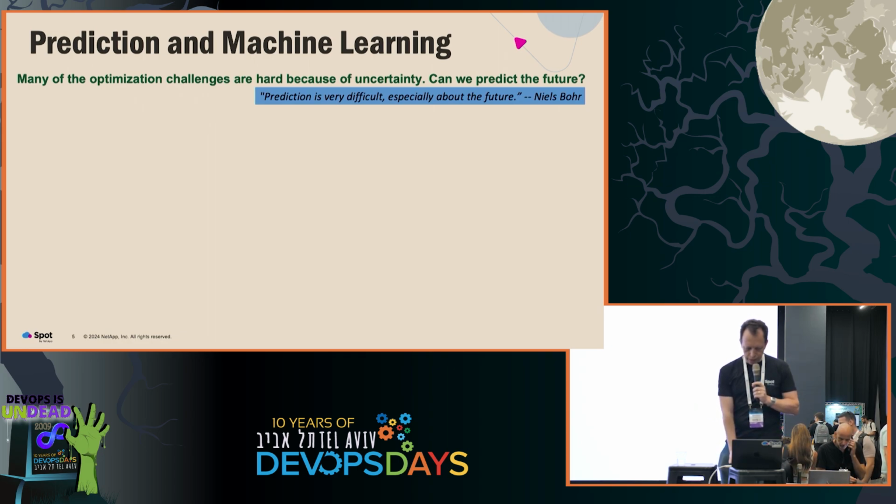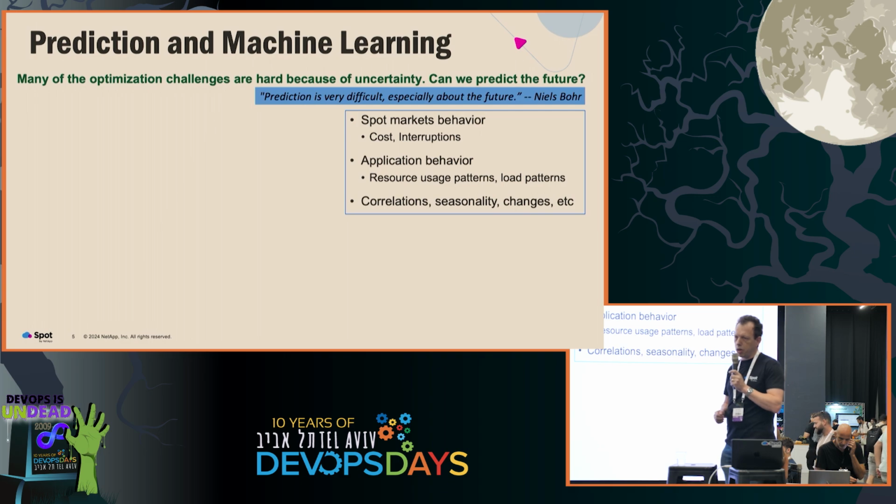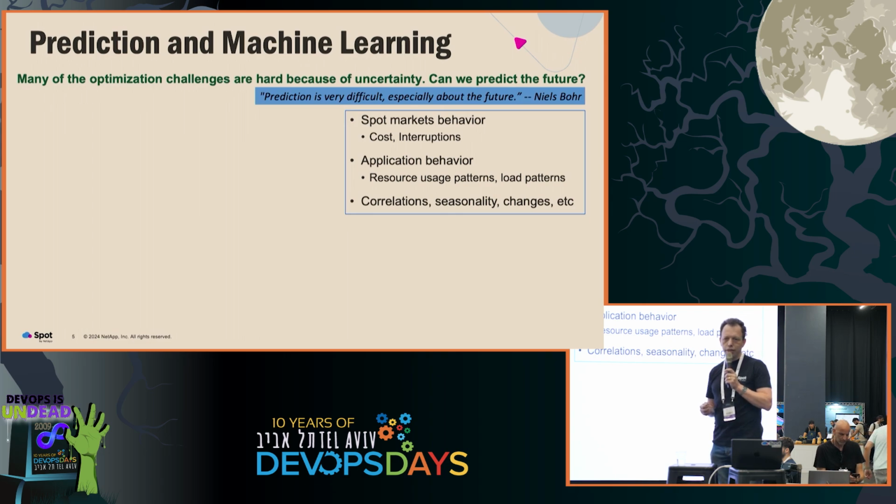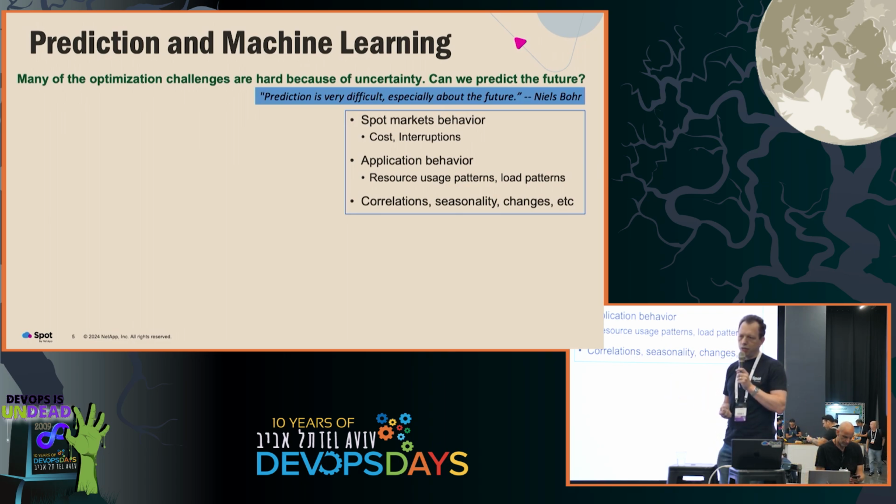So things that we are focusing on, for example, the behavior of the spot market. Those spot instances that I've mentioned have different prices and different availability at different times. So it's very useful to know that maybe one market is good for today, but tomorrow maybe you need to replace your nodes from using a certain instance to using another instance, maybe in a different availability zone or maybe even a different instance type with similar characteristics.